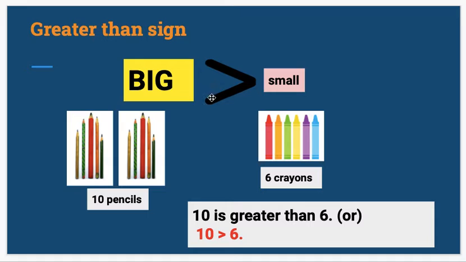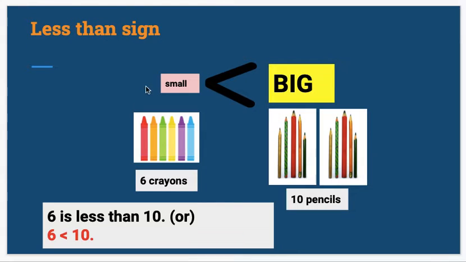Notice how the open end, the wider end of the V, faces the big number, and the small pointy end faces the small number. When we look at the same example, 10 pencils and 6 crayons, 10 is greater than 6. So that's a number sentence: 10, and we use the math symbol greater than, 6.